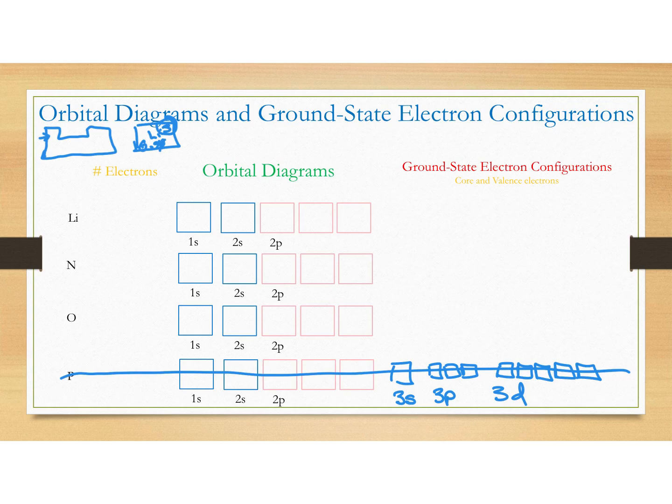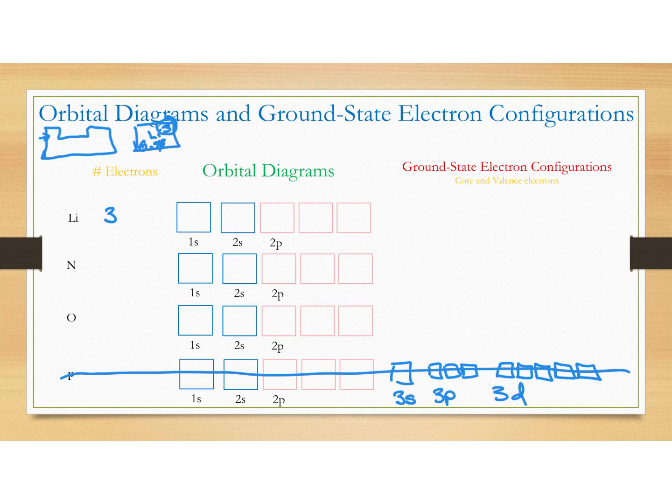In the neutral state for an atom, if it has 3 protons, then it has to have the exact same amount of electrons. So lithium has 3 electrons.